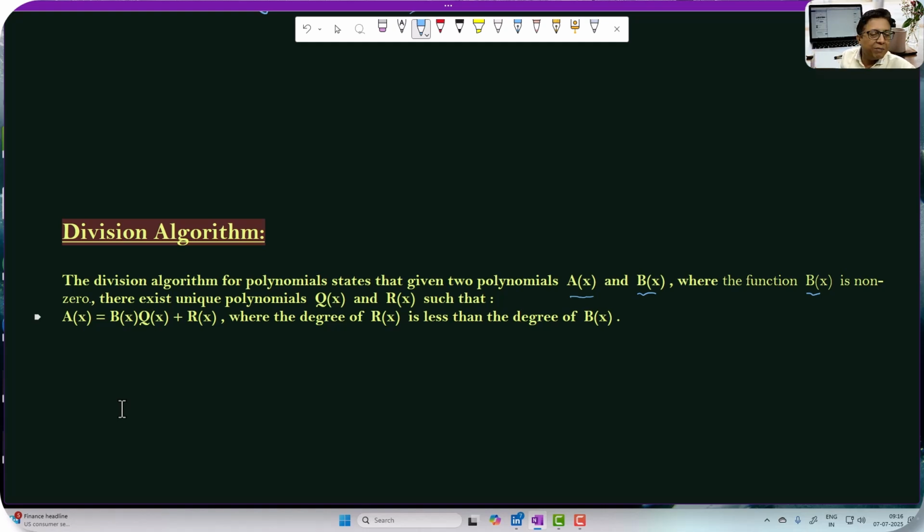You cannot divide by 0. Then there exist unique polynomials q(x) and r(x). That q(x) will be referred to as the quotient and r(x) will be referred to as the remainder. q(x) stands for quotient and r(x) stands for remainder.